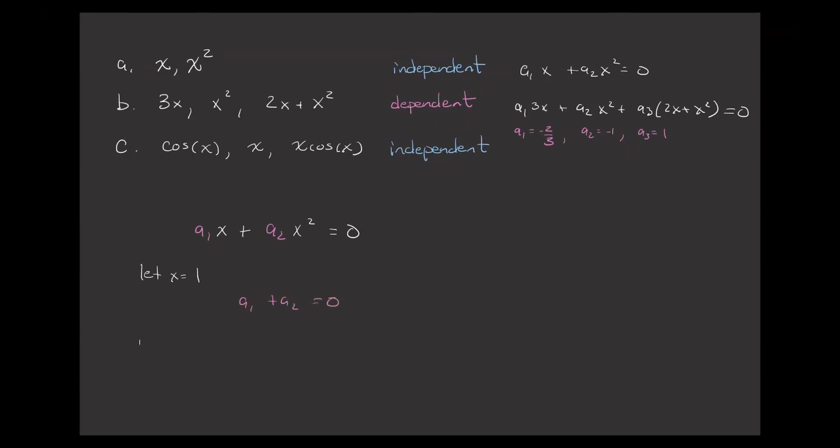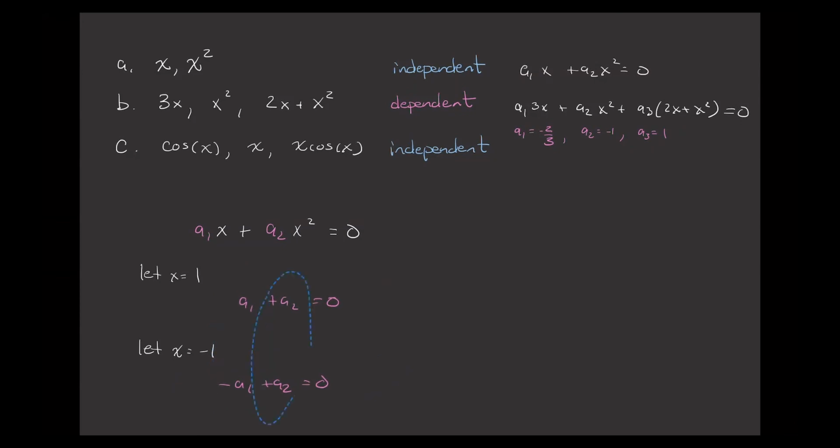If you then let x be equal to negative 1, then you'll get negative A1 plus A2 is equal to 0. Now here's a case where you don't immediately have that one is 0. You can't immediately say, oh, A1 is equal to 0. But you can now take these two and add them together, for instance. If you add A1 to negative A1, you get 0.